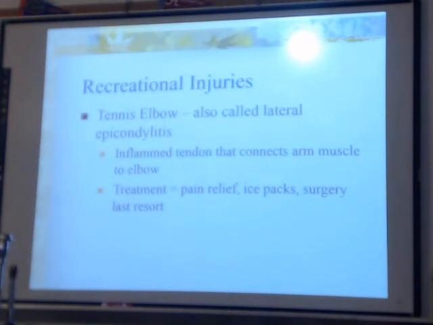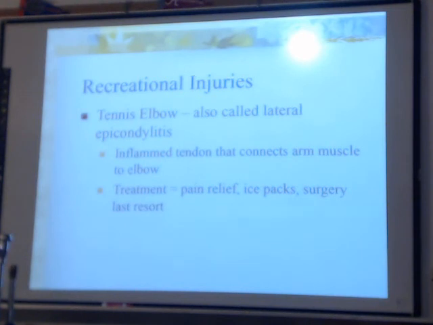Things that are recreational injuries that people have: tendinitis or lateral epicondylitis, that is tennis elbow. It is an inflammation of the tendon of the elbow, and usually we just use ice packs and anti-inflammatories.